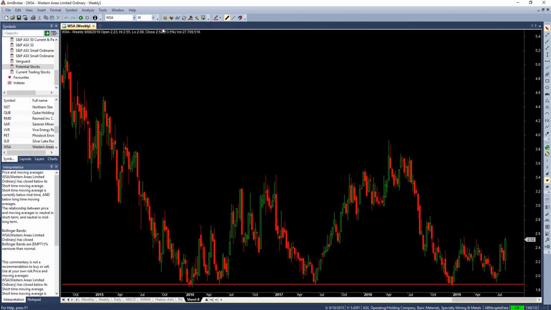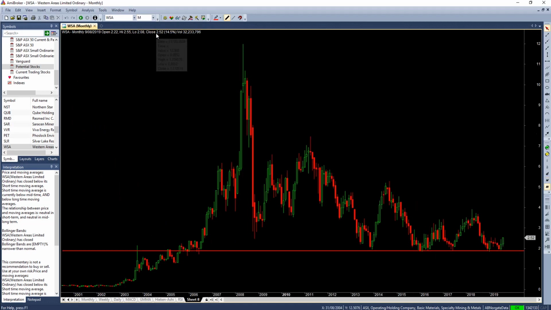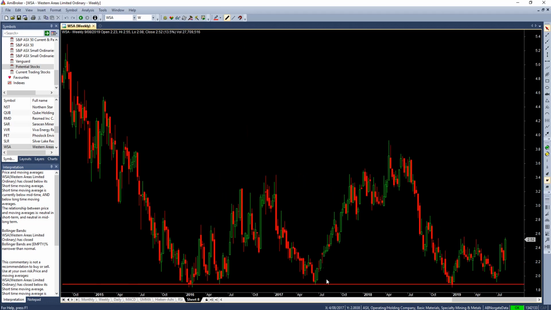Let's say this example is WSA, Western Areas Limited Ordinary, Australian shares on the ASX. If you look at this particular level here, whenever the price comes down to it, the price bounces back. Let me change it to weekly so you can see clearly.